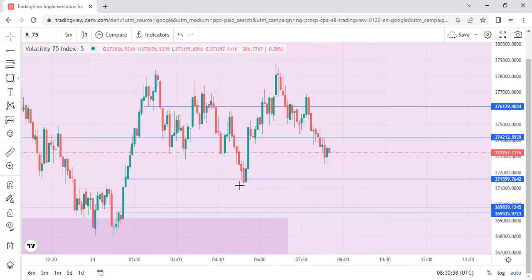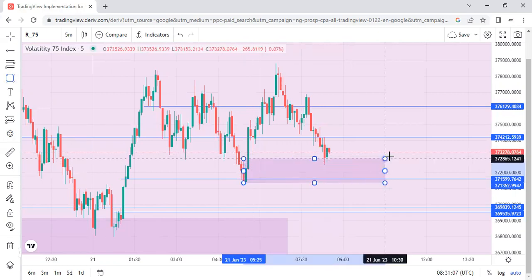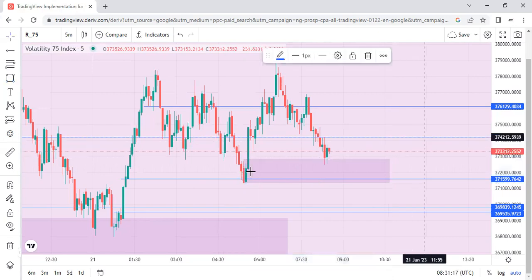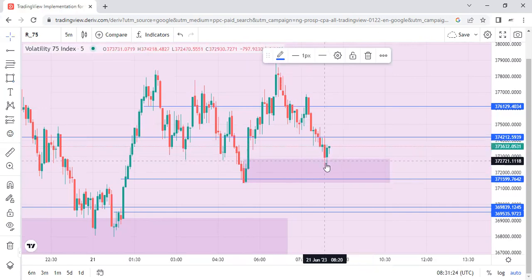Market is around this fair value gap area. So we expect market to respect this order block. The market moves up, then comes back down here, so it respects this order block.